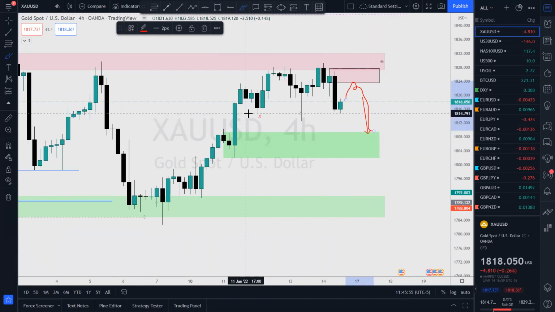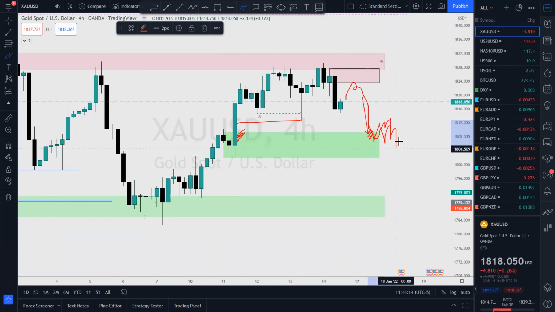Now, from this point, we have inefficient price movement here, and price has a reason to come into this order block, and we'll see what the reaction is here, because price could give us a pattern that'll take us out of here.